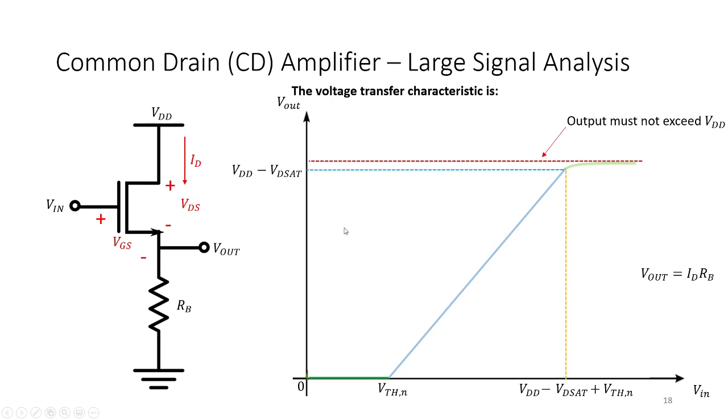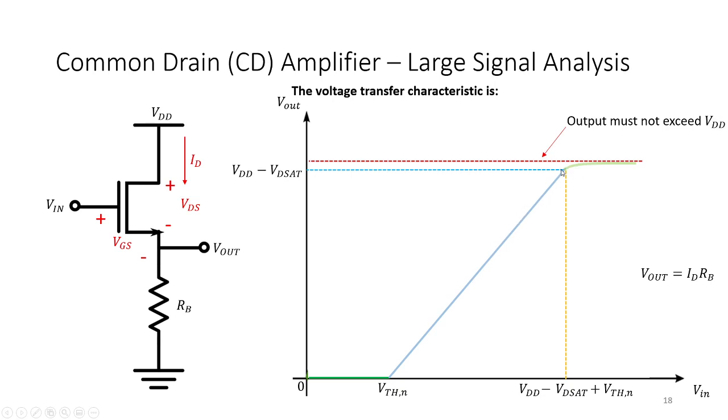As you can see, what's important here is if we have Vin less than VTH, we will get zero current. Because Vout is ID RB, we will get 0. And if we keep increasing Vin, the current increases, so we go upward here.